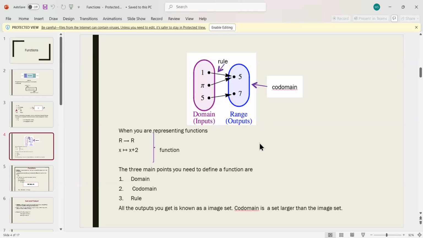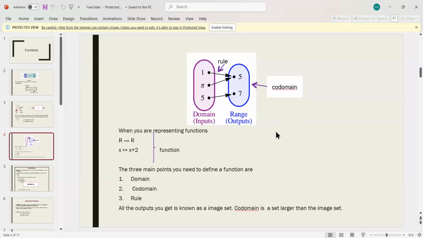Now, if I consider the image set is 1 to 10, right? Now, if I ask the students to write the image set, if there are 50 students in the test, they have to write only one image set. But if I ask them to write codomains, according to the number of students, there can be many codomains, right?